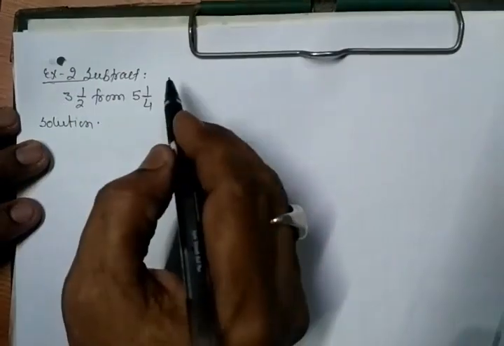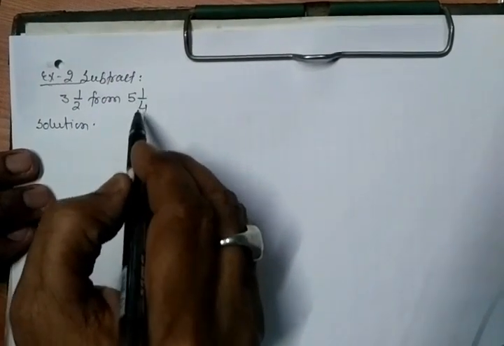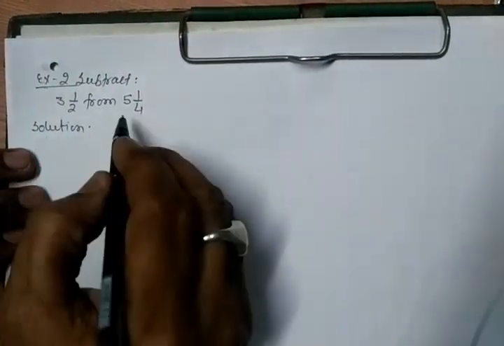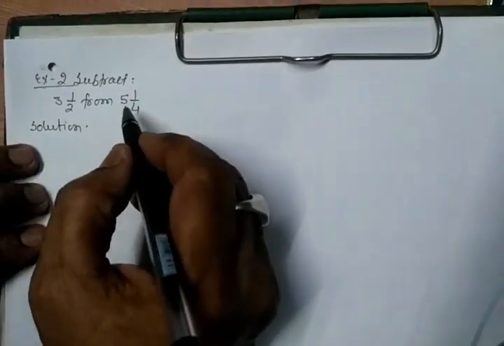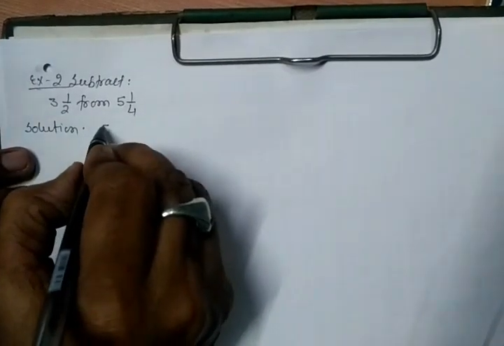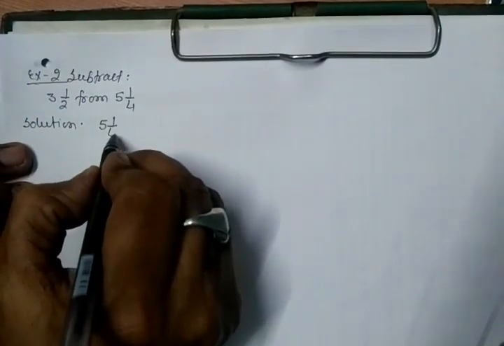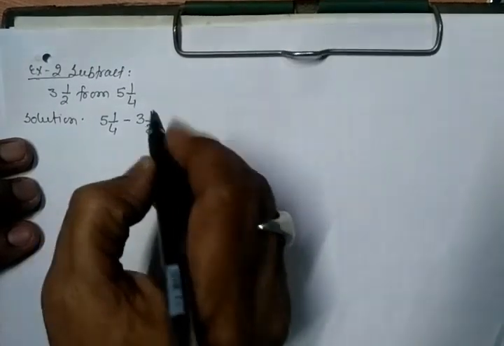Second example: subtract 3 whole 1 upon 2 from 5 whole 1 upon 4. Solution: first we take the fraction which is greater, that is 5 whole 1 upon 4 minus 3 whole 1 upon 2.